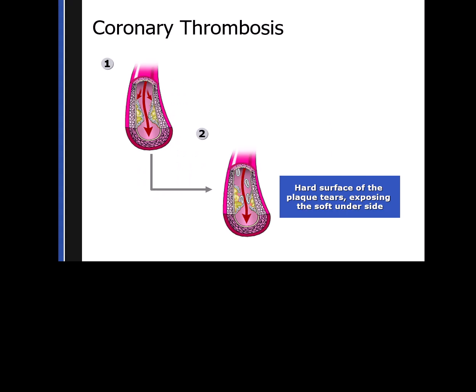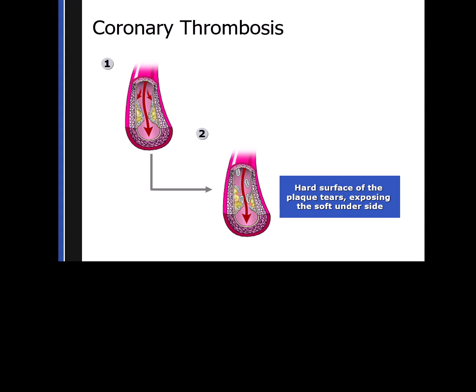The next thing that happens is that at a certain point, it gets torn. And now the body recognizes that as a laceration. We have a situation in which we have to stop bleeding. So we send platelets. Platelets are the part of the blood that get really sticky when there's a laceration.